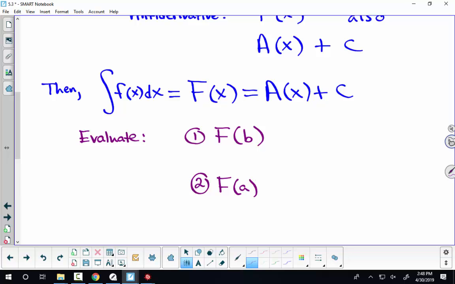It's very generic right now. But since we know that capital F of the input is the same thing as uppercase A of the input plus C, then we know that capital F of b is really capital A of b plus C. And we know that capital F of a is capital A of a plus C.